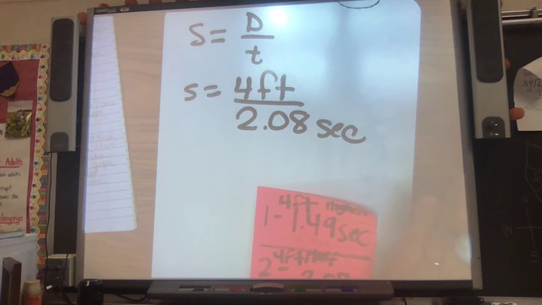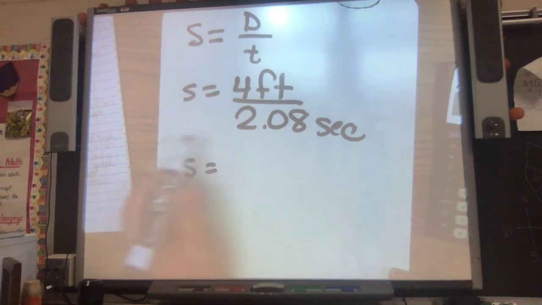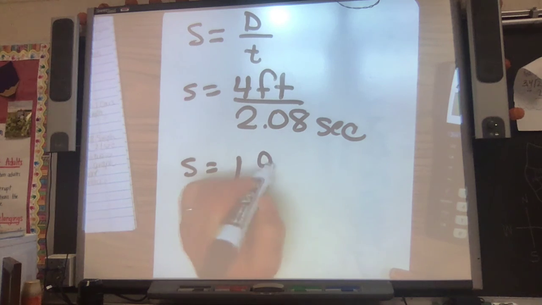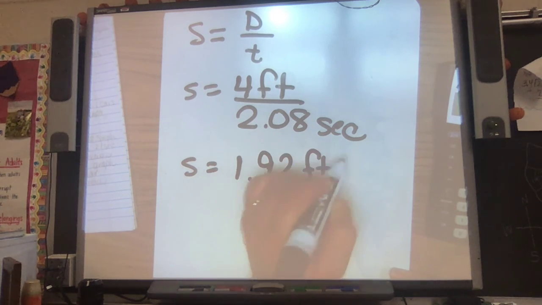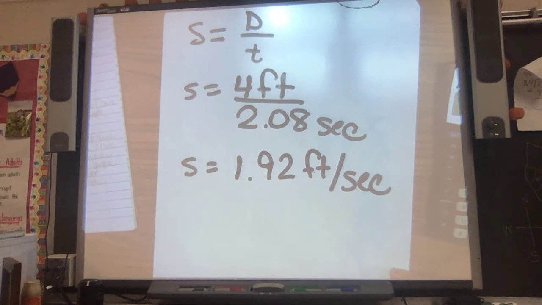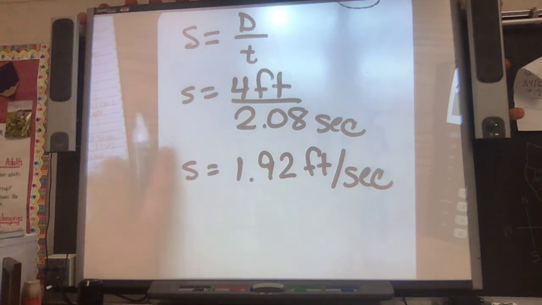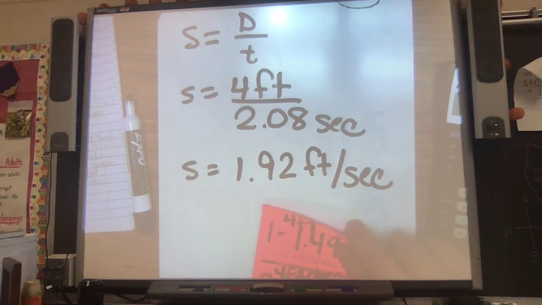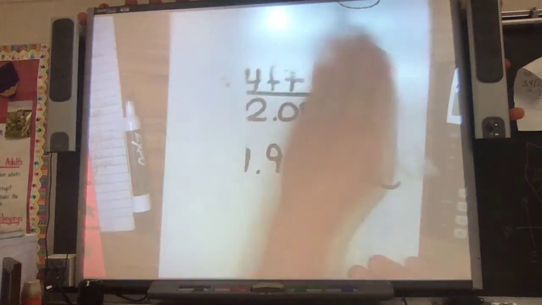So let's divide it out. Our speed equals 1.92 feet per second. All right, I'm going to jot this in. And I'll show you why in just a minute that we're jotting these down.